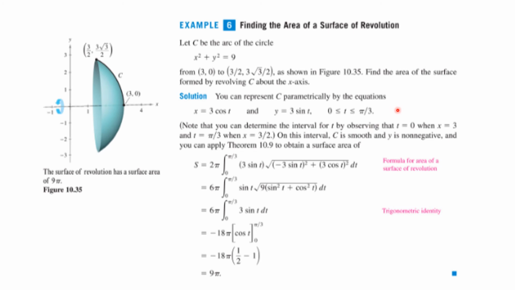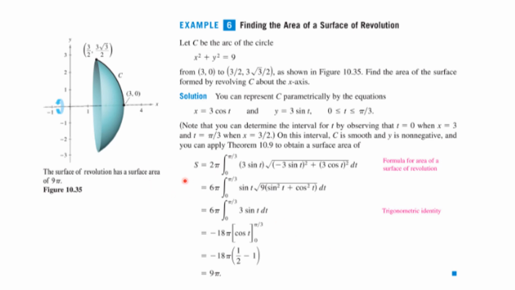Now there's some real work that was done here, but you should be able to do this. Yeah, here they're saying, well, when x is equal to 3/2, you end up solving, and you know that t is pi over 3. Okay, so we just use our formula then.